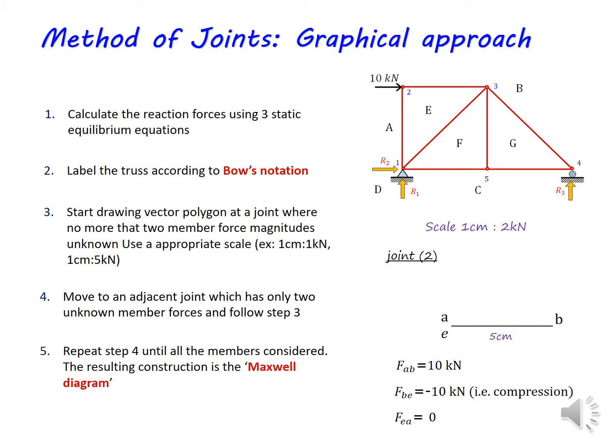So likewise, we can repeat step 4 until all the members are considered and all the unknown member forces are calculated. And at the end, the diagram that we developed is called the Maxwell diagram.